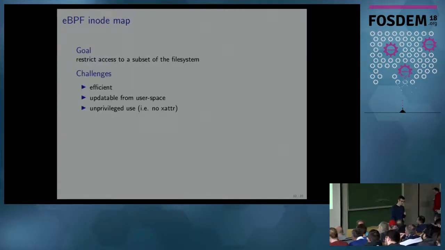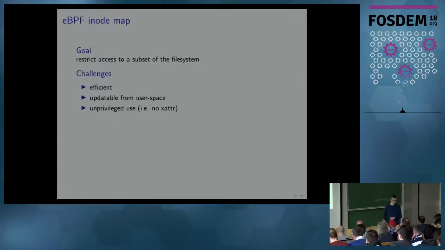And last but not least, we want this whitelist to be updatable and to be useful for unprivileged processes as well. So, for example, we cannot use extended attributes from a file system because extended attributes can only be written by someone that is allowed to write on these files. So if you are in a read-only environment, you will not be able to write extended attributes.